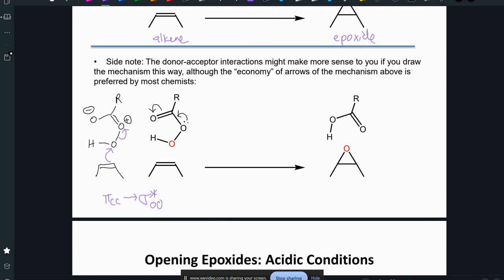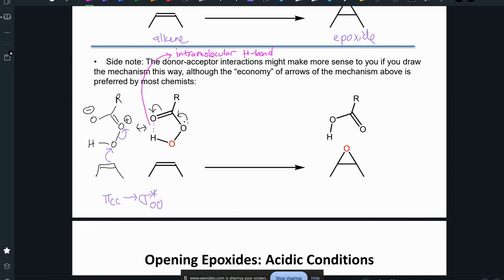Now at the same time, in my molecule here, there's going to be an intramolecular hydrogen bond that already exists between oxygen and hydrogen. So this here is an intramolecular hydrogen bond.